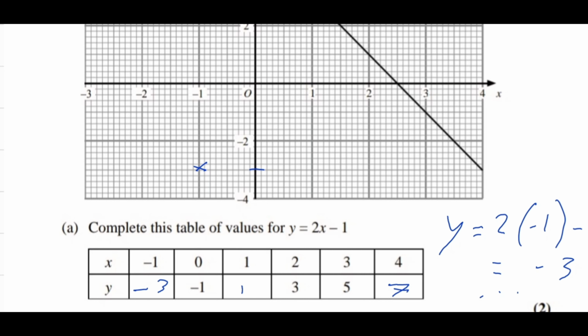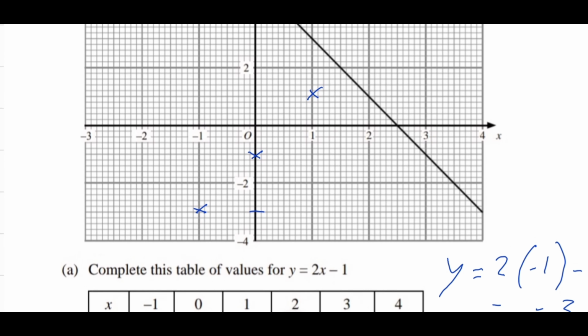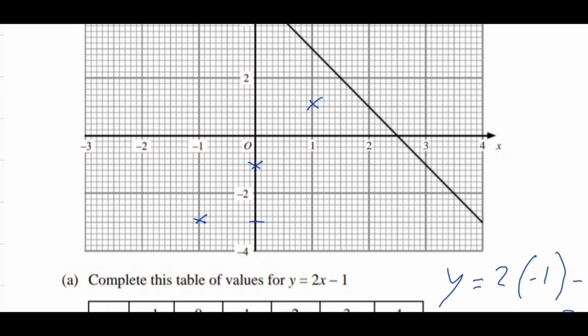You mark it there, and then you move on to the second point, which is 0, minus 1. Next point is 1, 1. Next point is 2, 3.